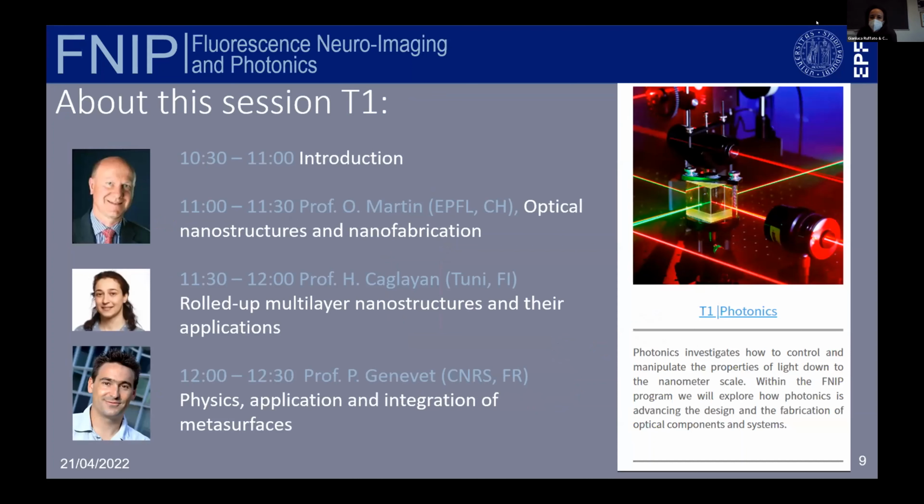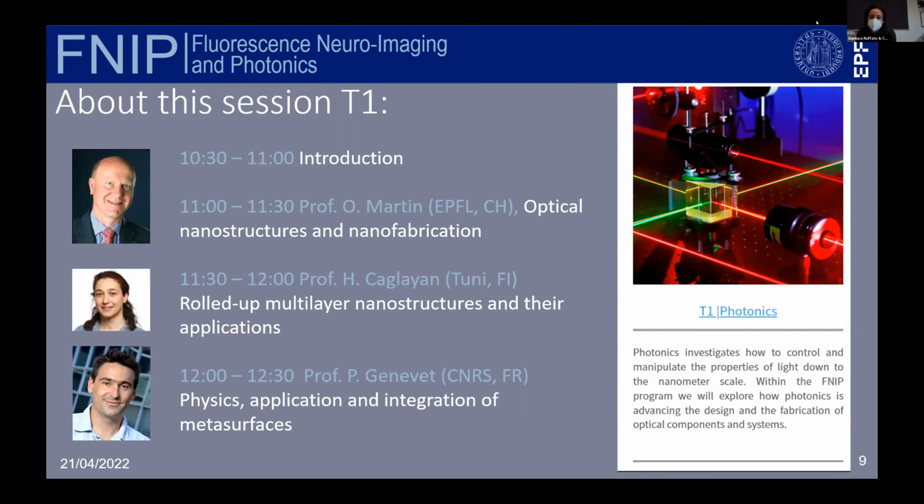As I already said, today it's a session about photonics, the first main topic of FNIP. We will have three speakers. The first speaker will be Professor Martin from EPFL, and he will talk about optical nanostructures and nanofabrication.